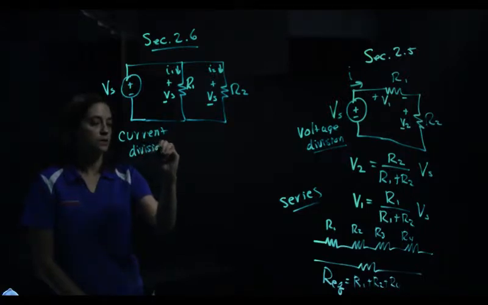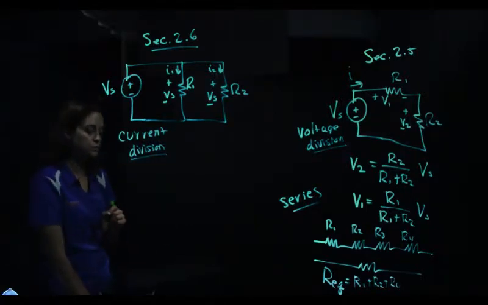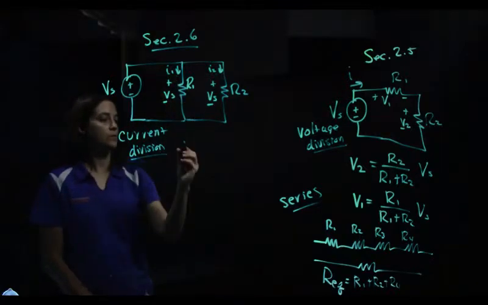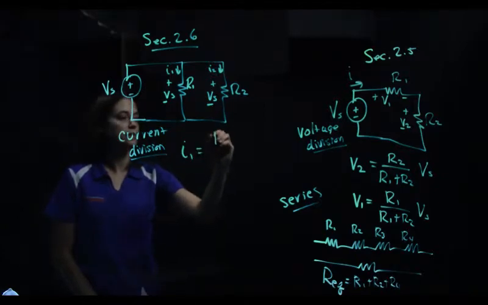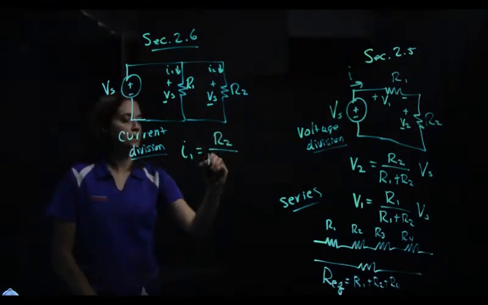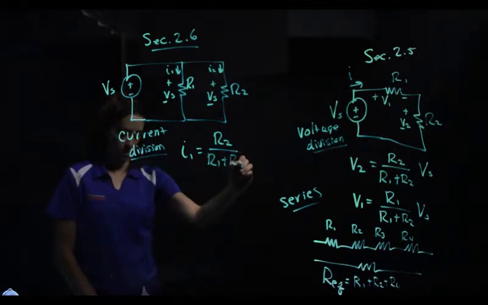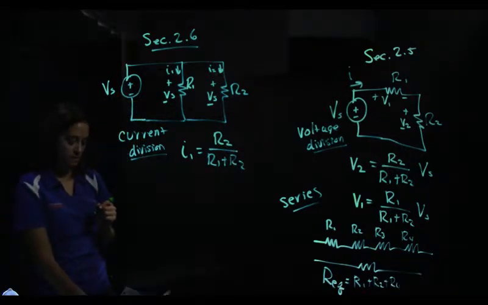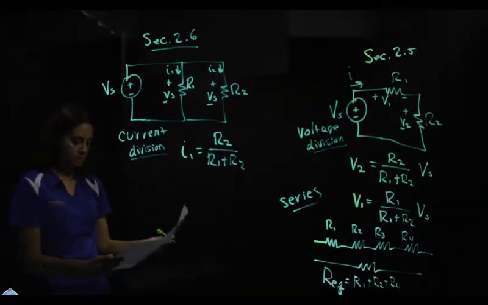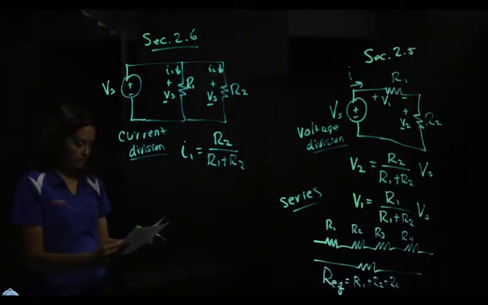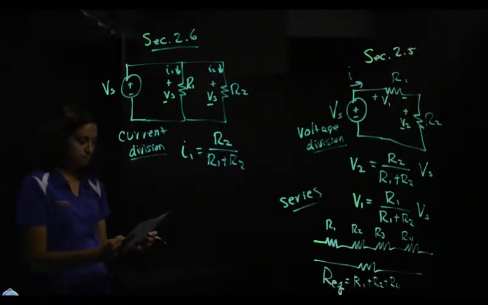Again, I expect that you're reading your chapter. Current division, if I want I1, then it's going to be the opposite resistor, R2, over the sum, R1 plus R2, times my source, which I think the book actually, when they teach this, they do it as a current source I. So let's go ahead and do that as well.